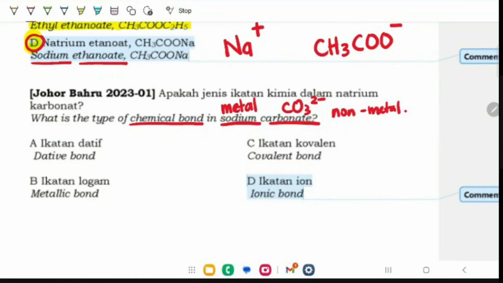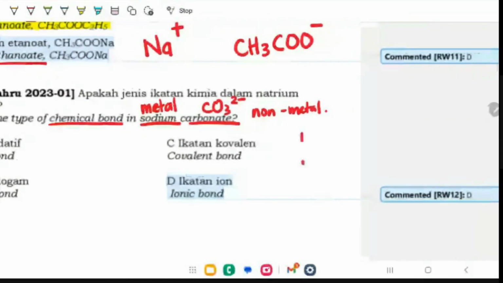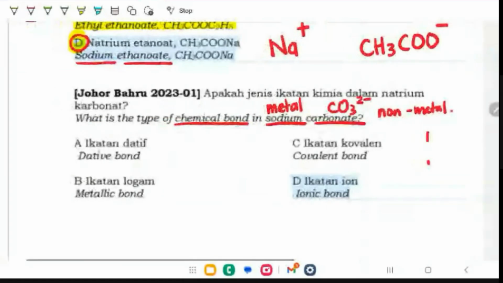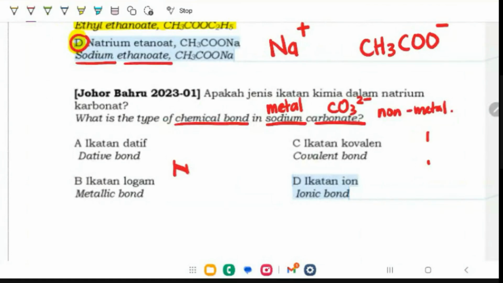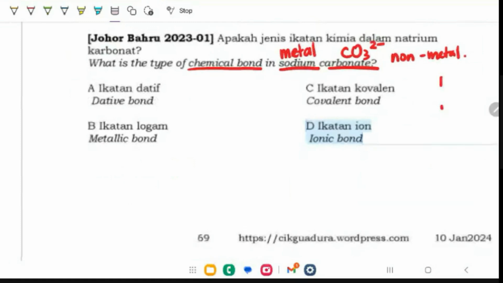Or another way: sodium is Na positive, and carbonate is CO3 2 negative. Positive and negative, ionic. So the answer is D.